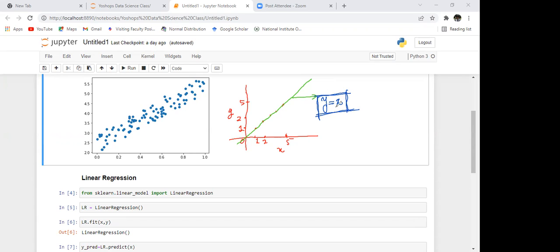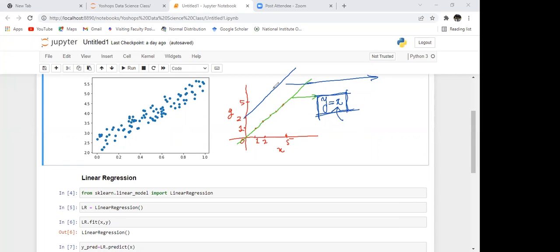Now for any line which is parallel to this one, suppose this. Suppose in the same space, you have data points and you can make a straight line passing through those data points this way.